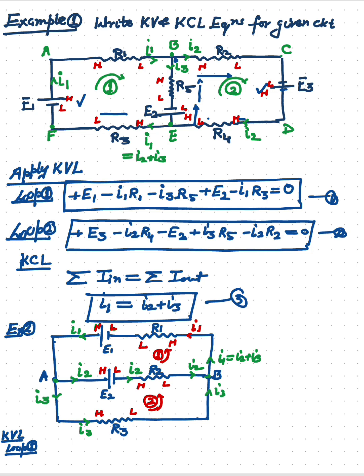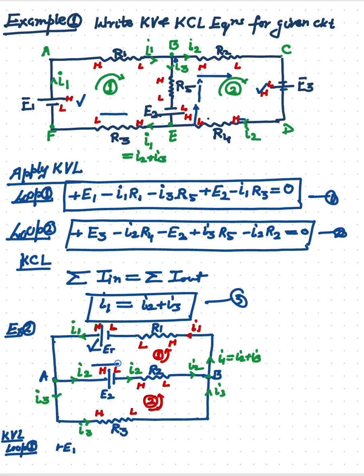loop 1. Okay, so this time I am starting here from suppose this battery E1 in the loop 1. Okay, so we are traversing like this anti-clockwise. So here we are passing like this. Clear? So we are traversing low to high. Low to high means E1 will be positive E1. Then come here across this E2.